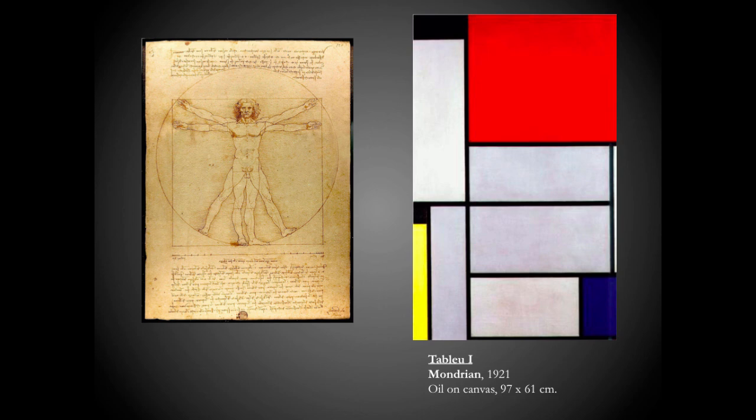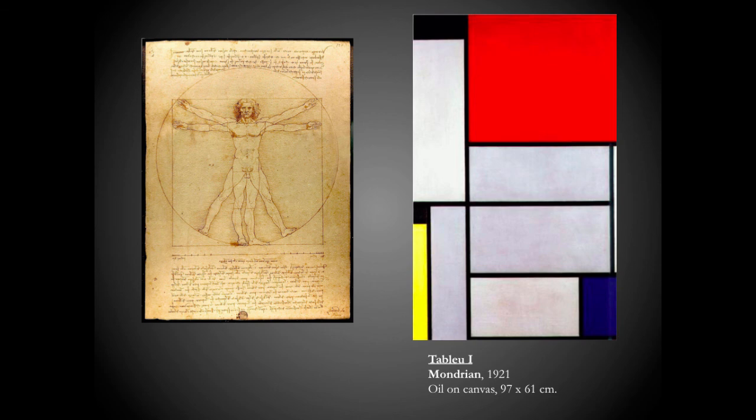Just to make the point that what Leonardo da Vinci was trying to do is very similar to what Mondrian was trying to do, trying to understand the entire universe, basically, the abstract sense of the totality of everything, from hyper-rationalized, abstracted geometrical senses.